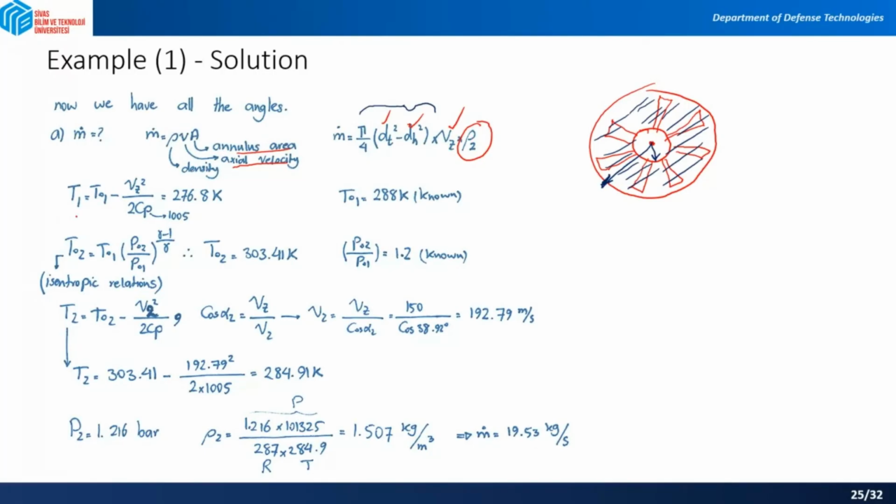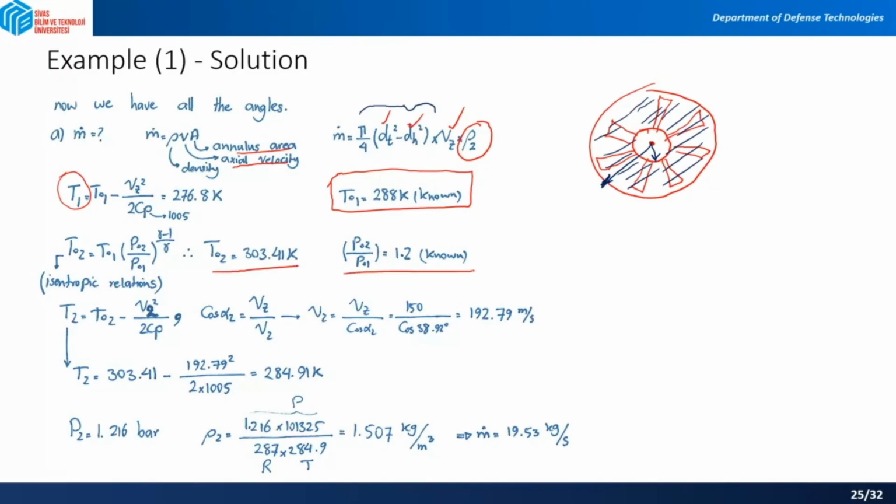How? You will first find T1, your static temperature, because your total temperature is given in the question. By using the isentropic relations, you will find the static temperature, and then from isentropic relations between temperature and pressure, total temperature and pressure, you will find T02.